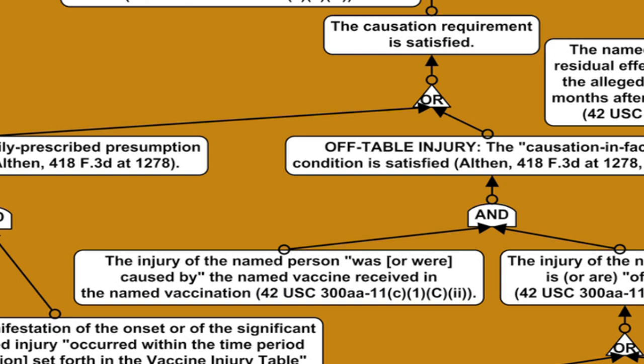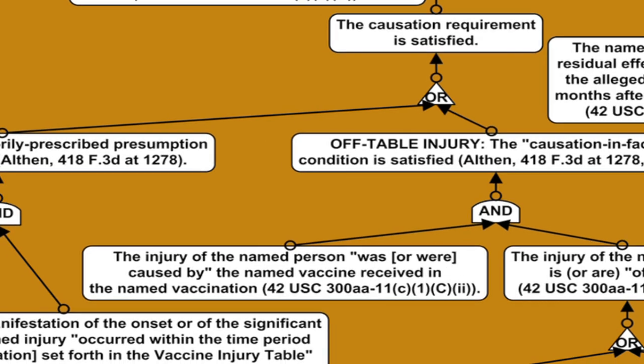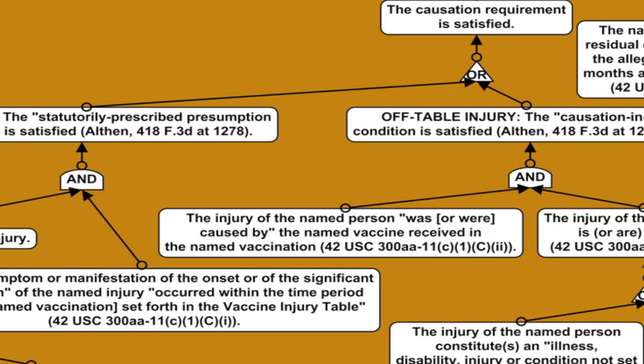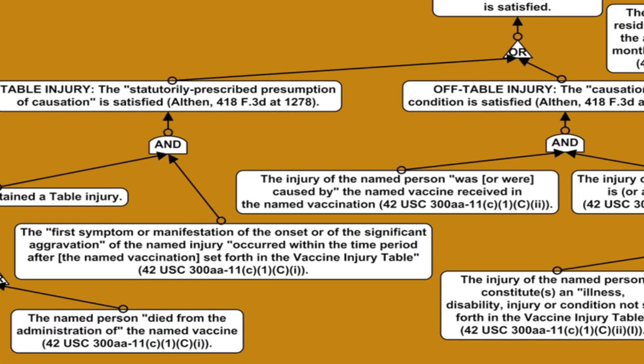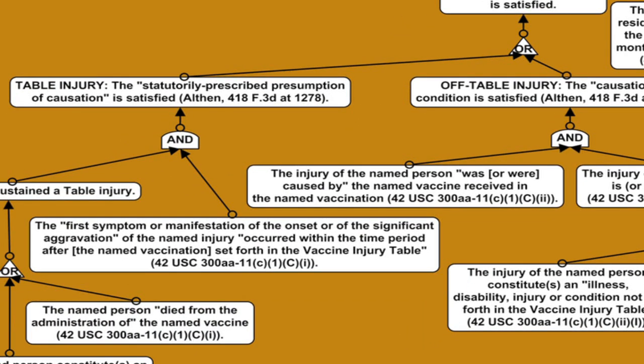We see that this proposition is supported by an or connective, which means that there are alternative ways of proving this requirement. You see on the left side that one alternative is to prove that the person named in the petition has received what is called a table injury, which triggers a statutorily prescribed presumption of causation.